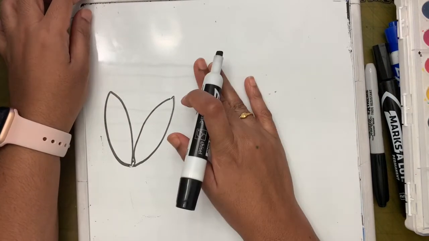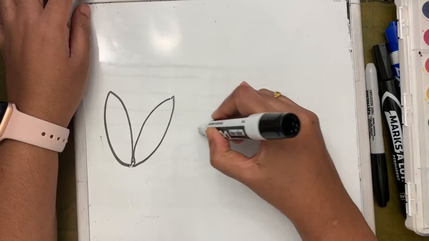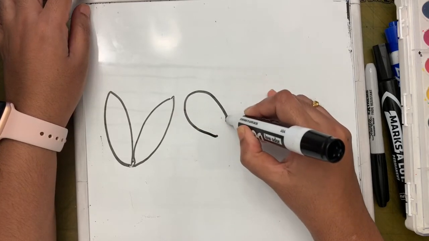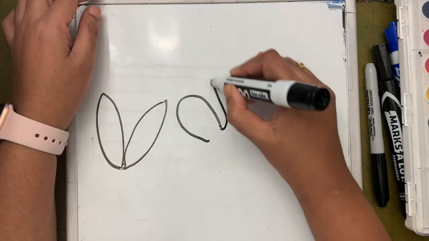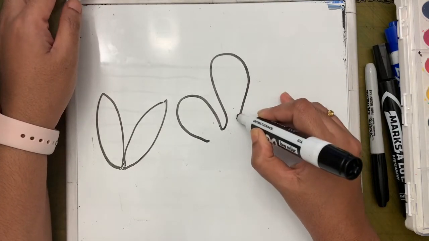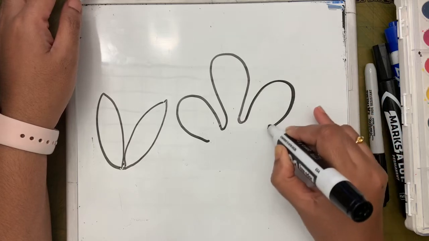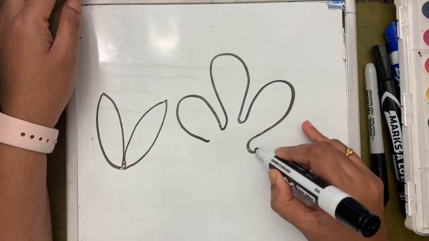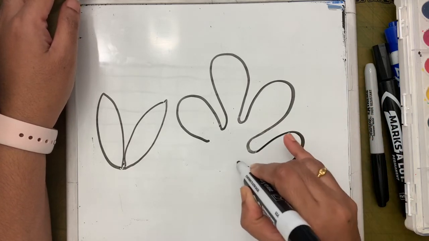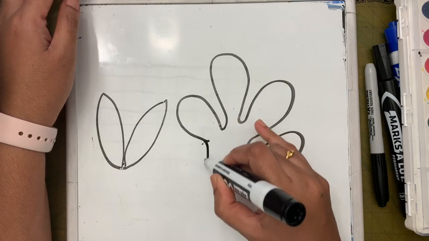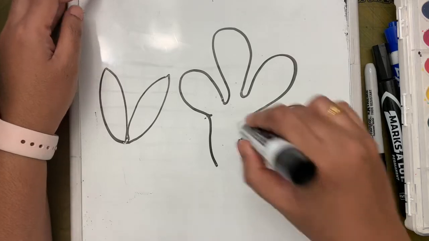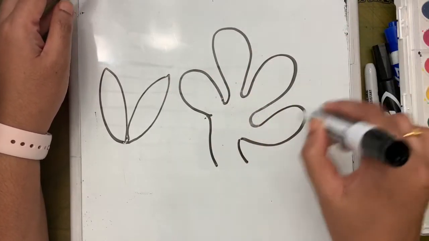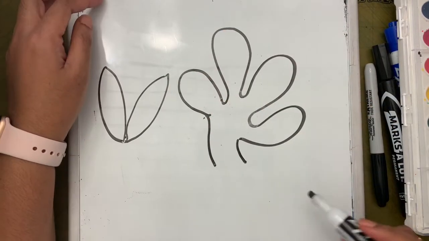The next one is more like an underwater coral. So it's like this. Okay, so it's like U connected. Can you see?